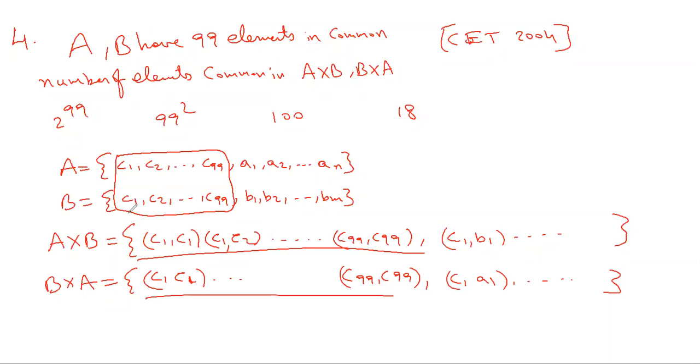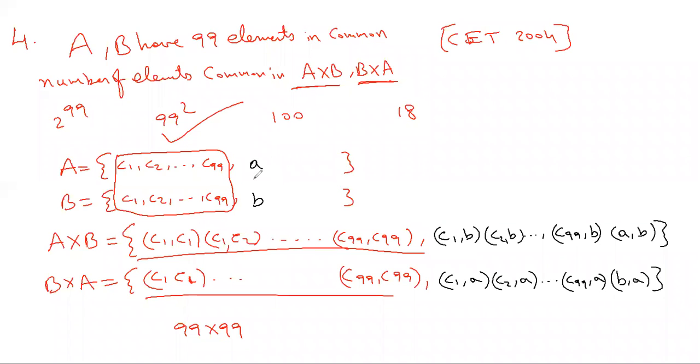These 99 element Cartesian product: 99 into 99 elements will be common. We don't need to know how many elements are in A and in B to identify the number of common elements in A cross B and B cross A. So that is 99 square.